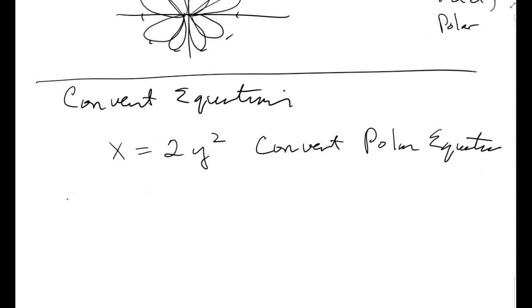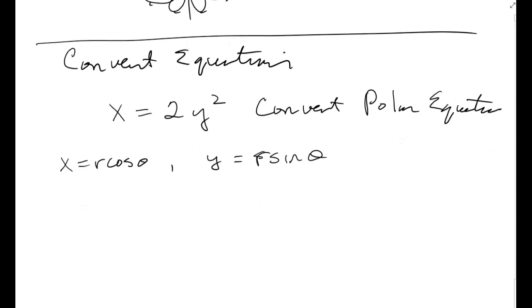Well, what do we know? We know x equals r cosine theta and y equals r sine theta. So put in r cosine theta for x. Now I need to square this one because r is being squared. Squared.